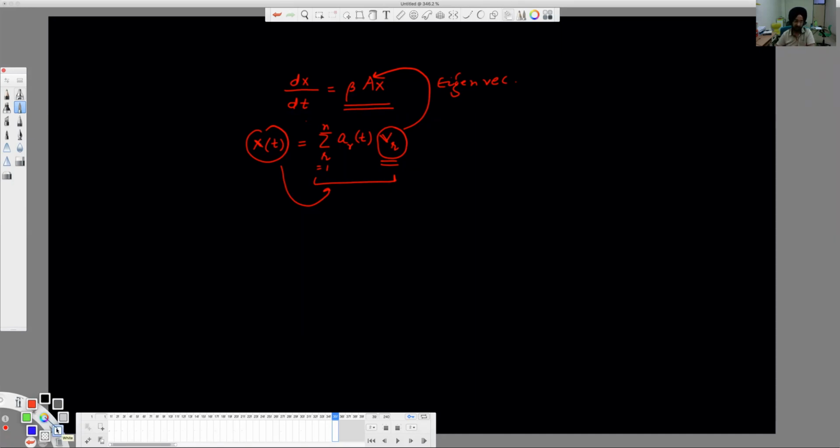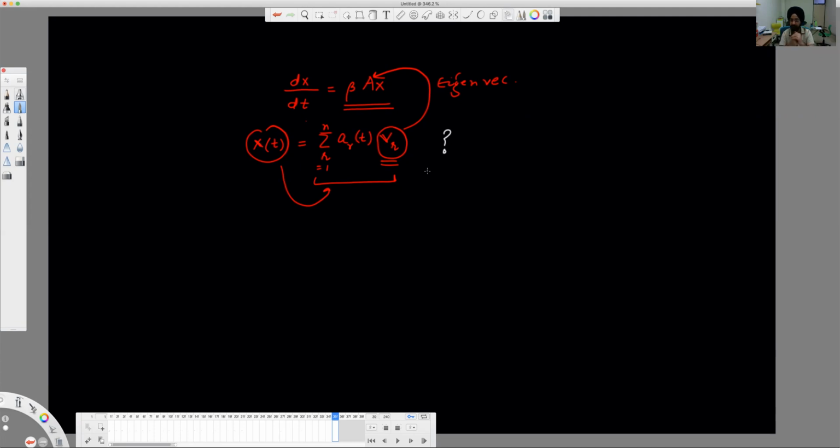How is this true? And why is this true? First of all, why is this true? We know A is a symmetrical matrix, right? And the eigenvectors of such a matrix would be what?